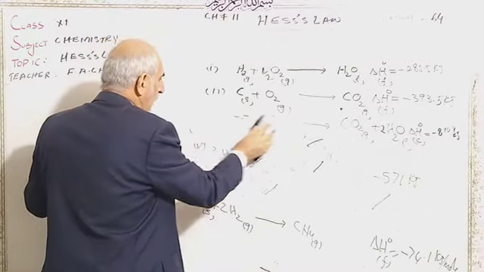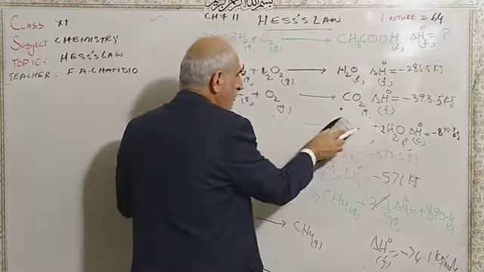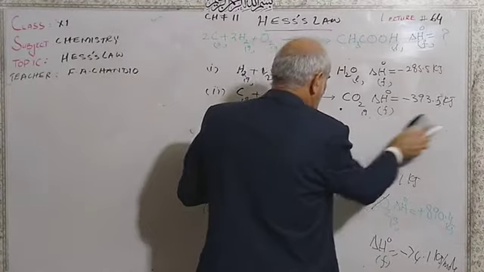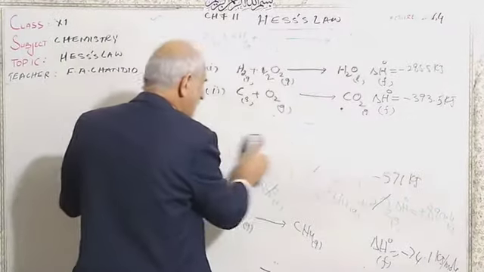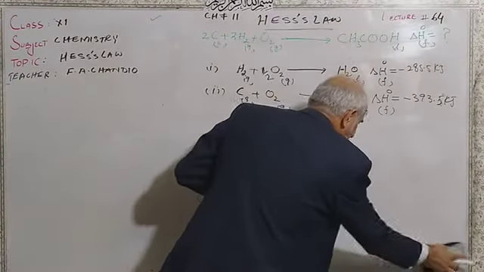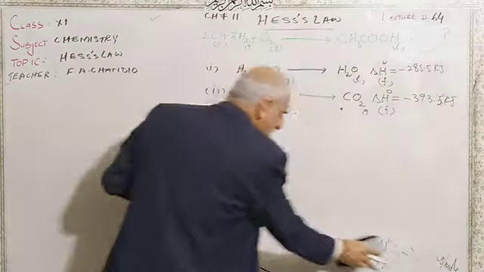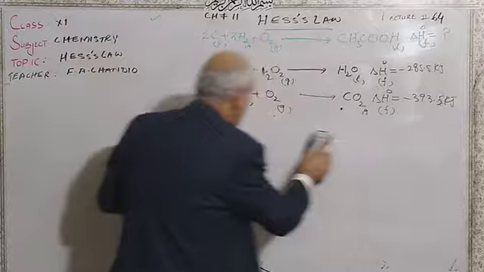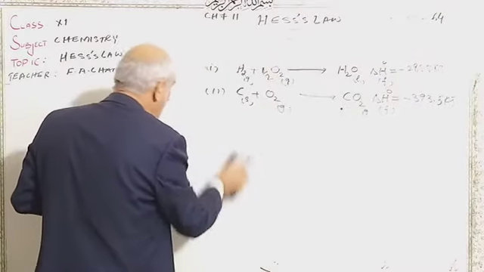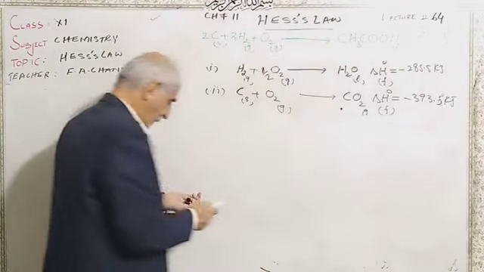Now, as in the previous practice where I combusted the methane, now I will combust the carboxylic acid, which is called acetic acid, ethanoic acid.